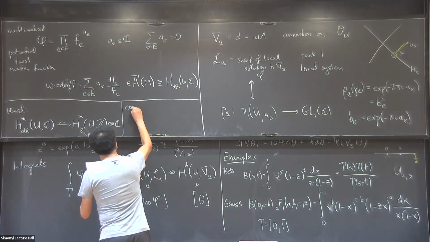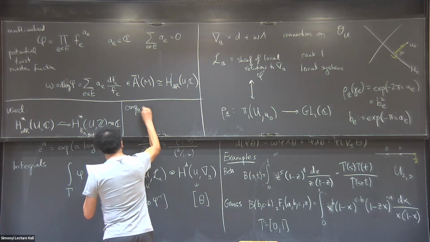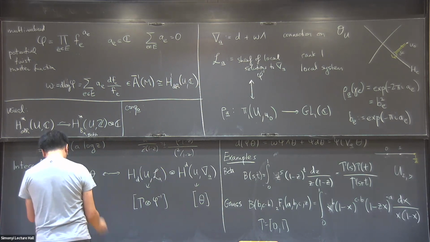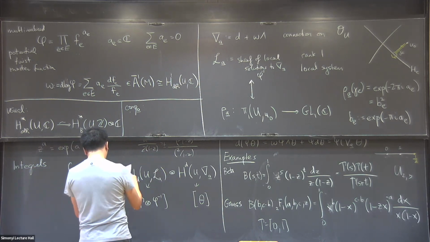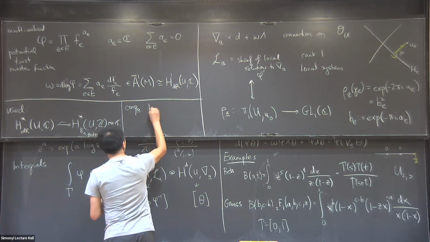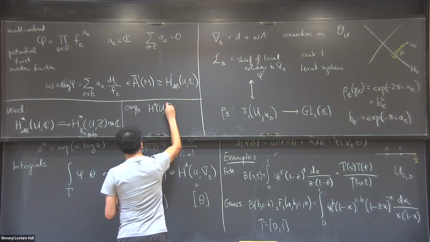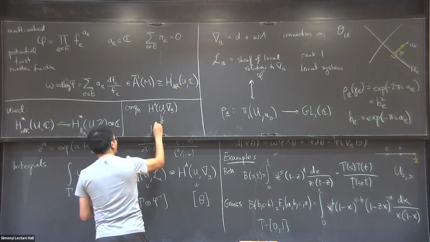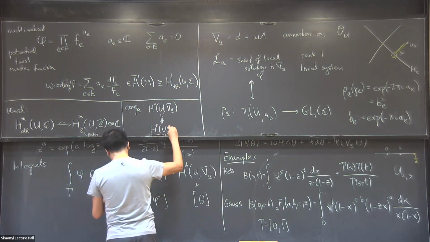So there's a map, like I said, the period map for comparison, which goes from this, and it's an isomorphism too.